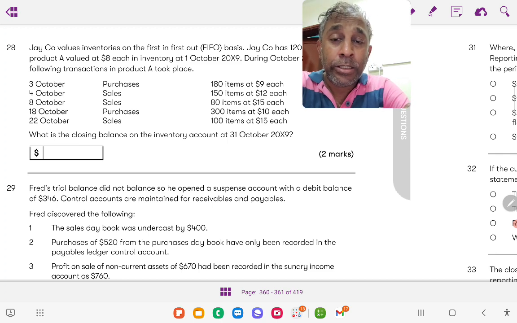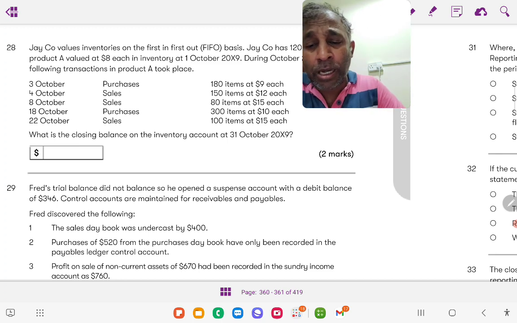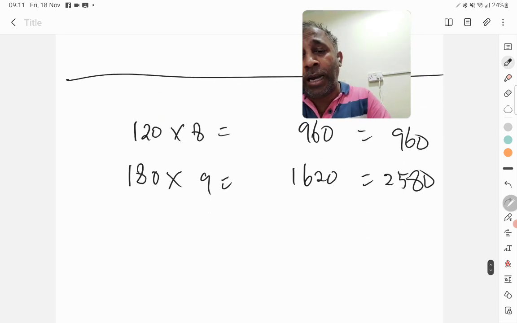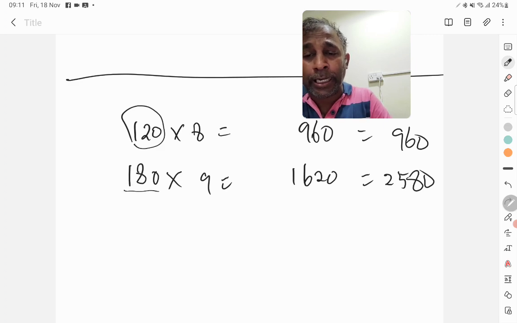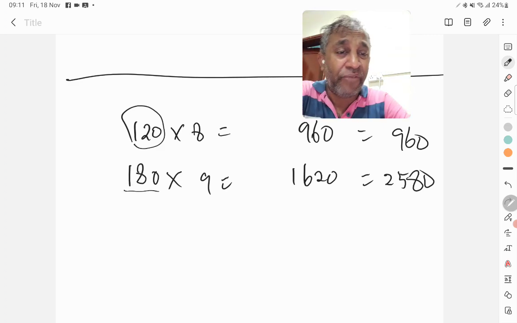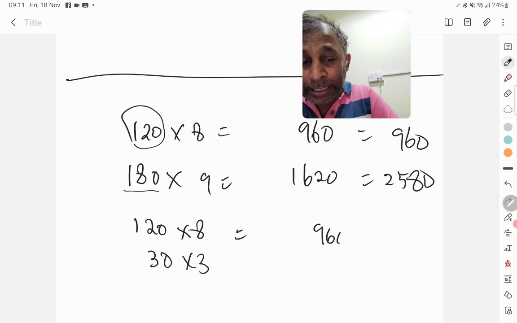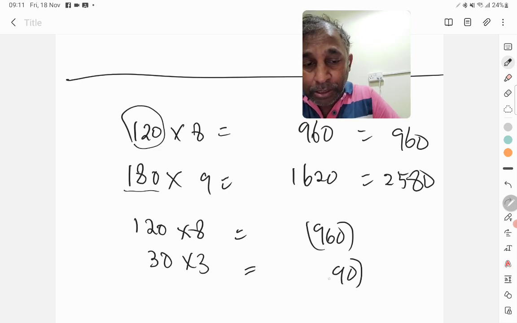Now here, since we are using FIFO, we should see how we issue these 150 items. I already have 120 and then here I have 180, but now I need to issue 150. So first I will issue 120 at 8 and then 30 at 3. So 120 at 8 is 960 and 30 at 3 is 90.